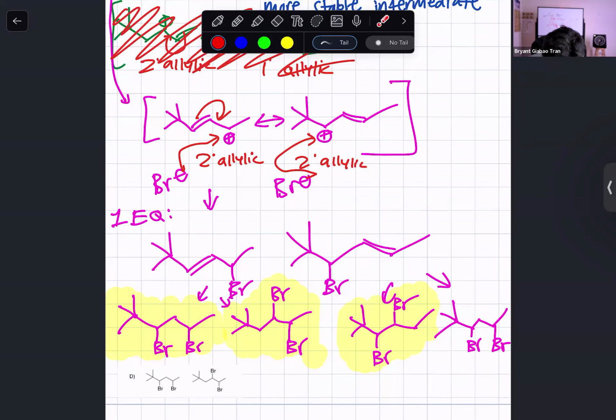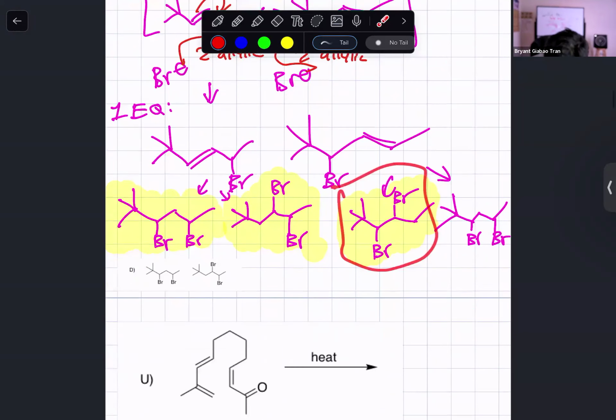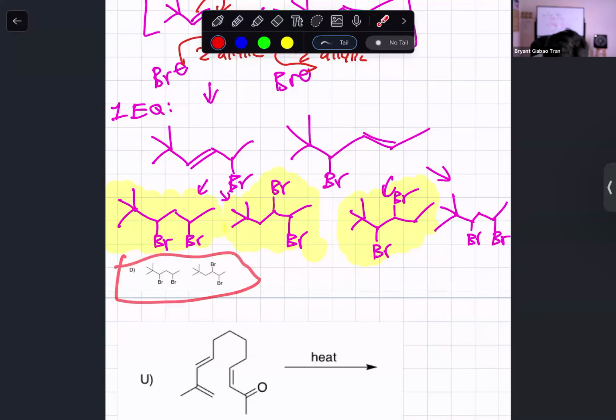I remember seeing a similar practice problem like this, but the answer was like 3 of these products. Not sure why there's 2 here.